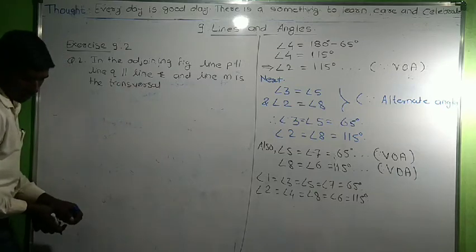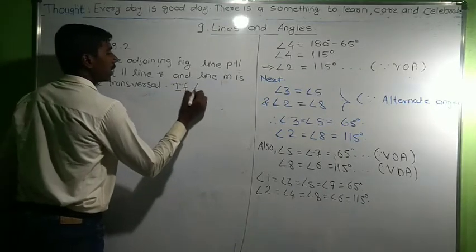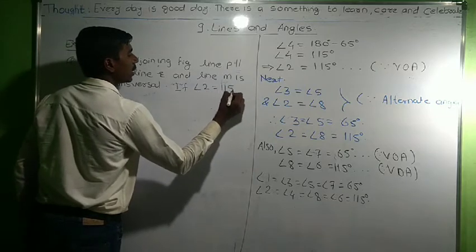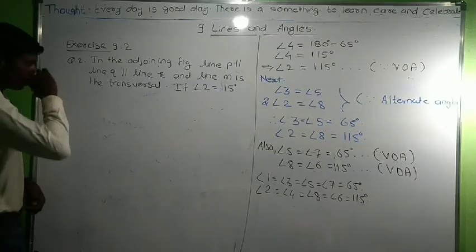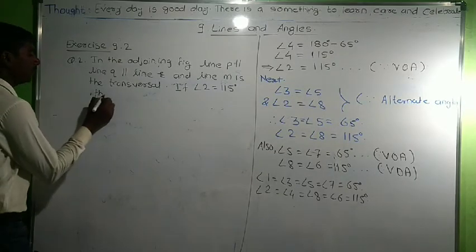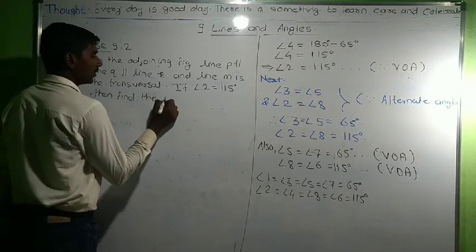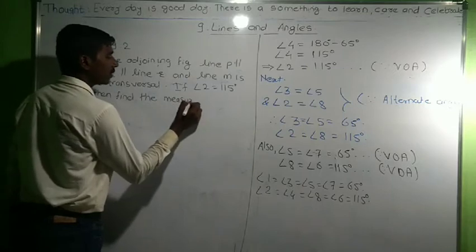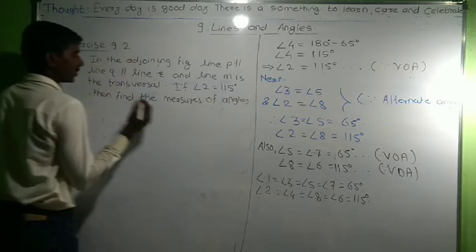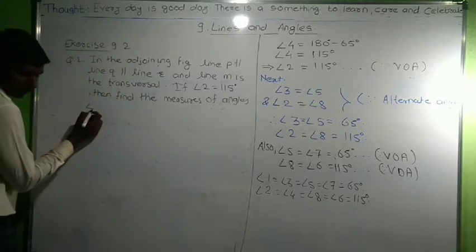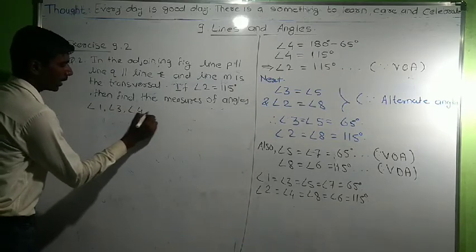If angle 2 is equal to 115 degree, then find the measure of angles 1, 3, 4, and 5.